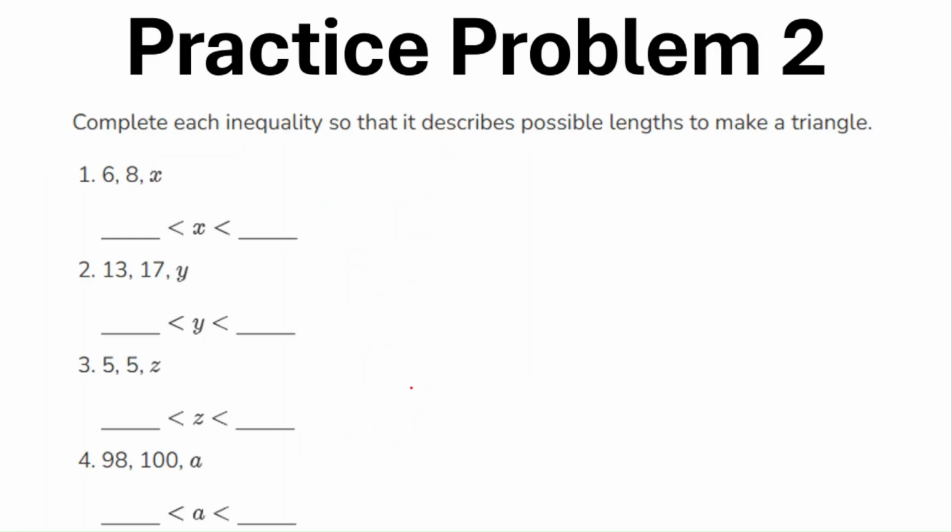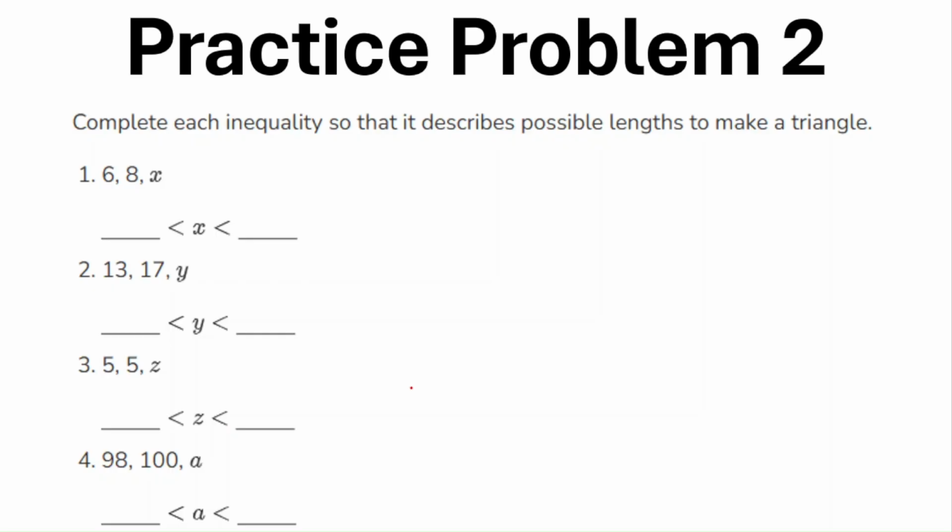Practice problem number 2. Complete each inequality so that it describes possible lengths to make a triangle. So remember, on my extremes, it can't be too small, but it also can't be too big.